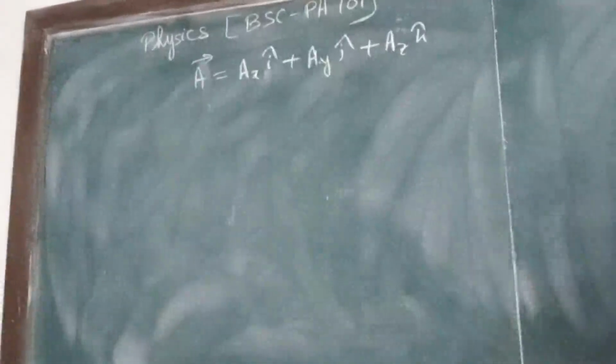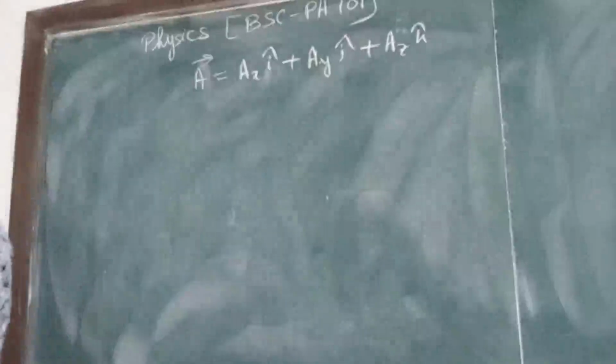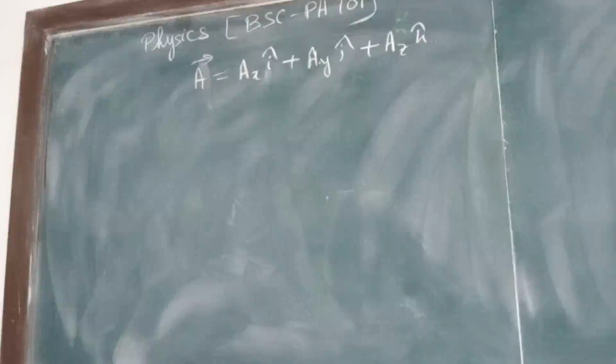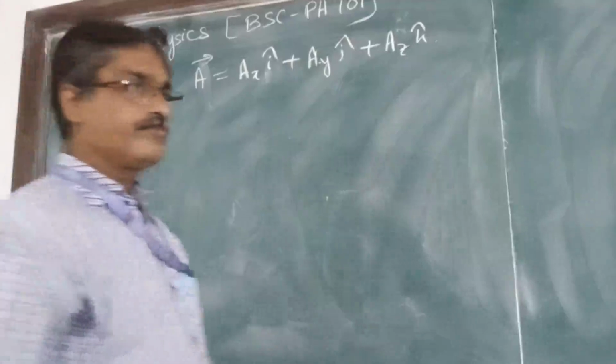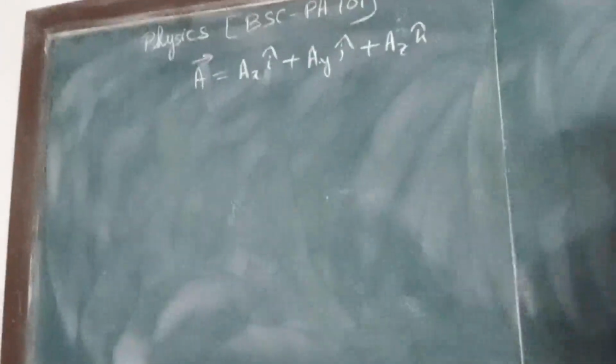Where AX, AY, AZ are the components along the x, y and z axes.